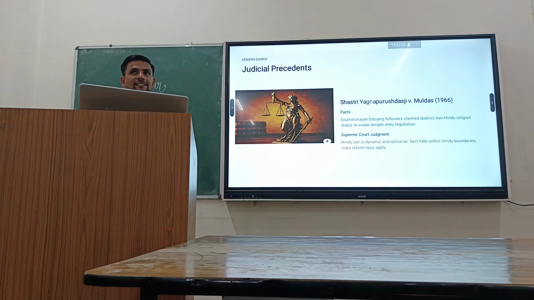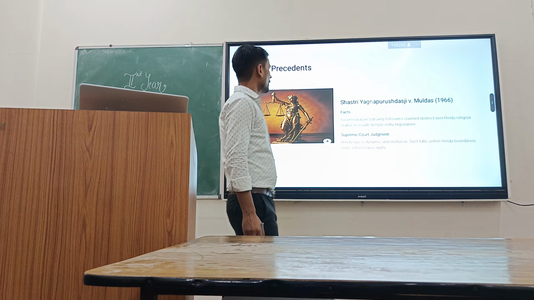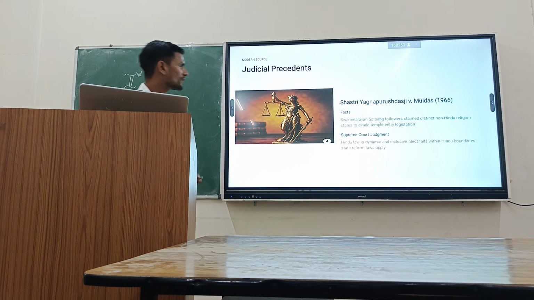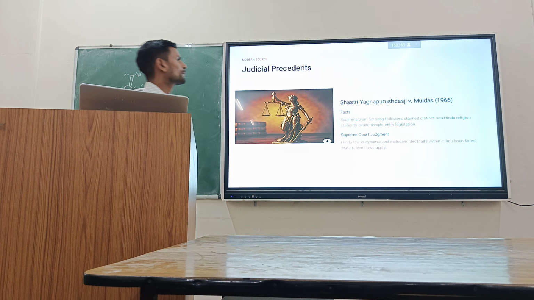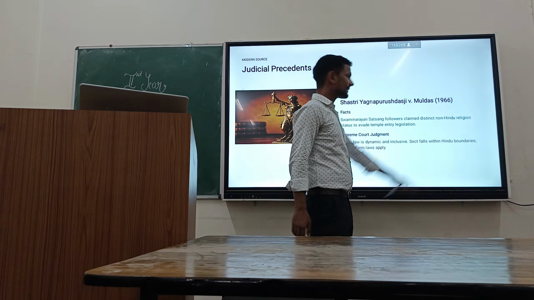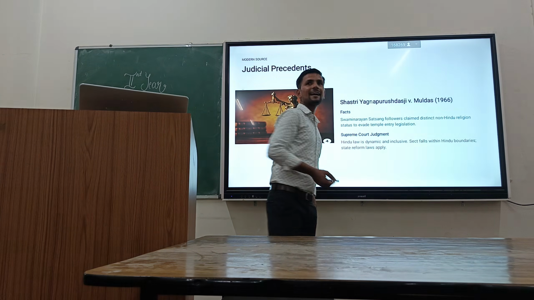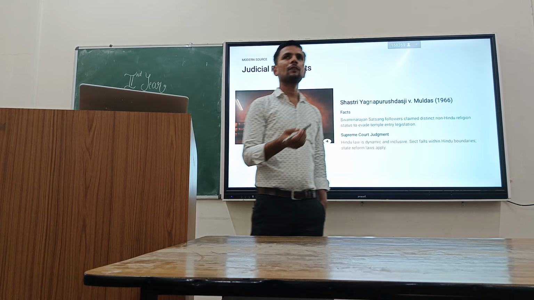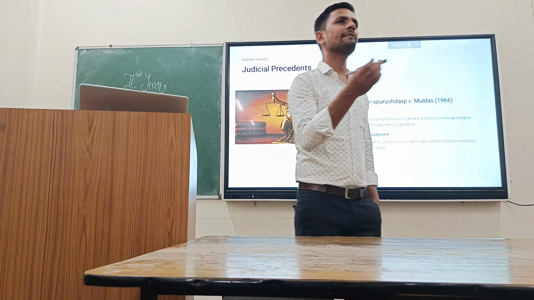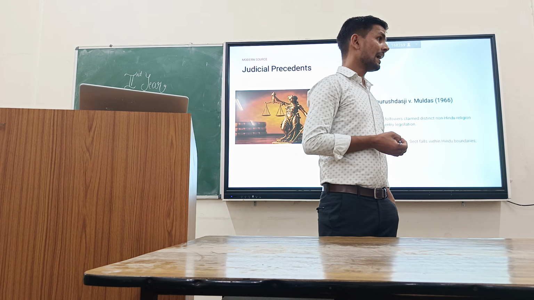Now, judicial precedents, modern sources of Hindu law. So different case laws are there. Sastri Yagnapurushdasji versus Muldas Vaishya, it came in 1966. In this case, in the Swami Narayan temple, there was a dispute regarding the entry of Harijans.